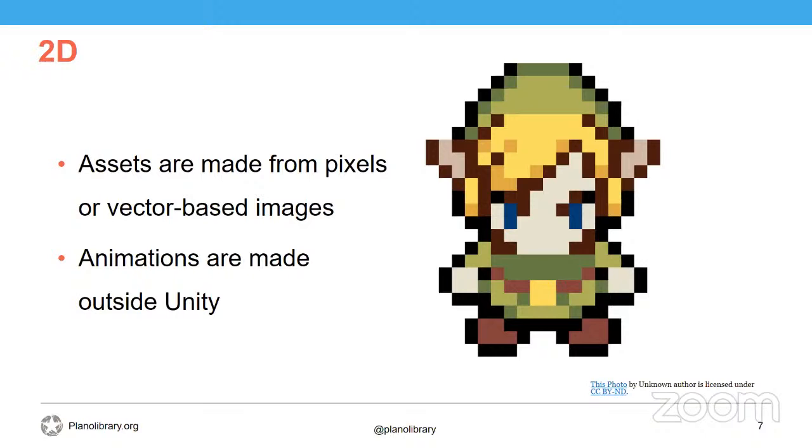Often they're made in digital art software like Photoshop or GIMP, Clip Studio, even Microsoft Paint, you can make some. And then whenever you want to animate any of those images, you can make a bunch of separate pictures, or you could make one image file that has all those pictures together and then work through them to make animations.